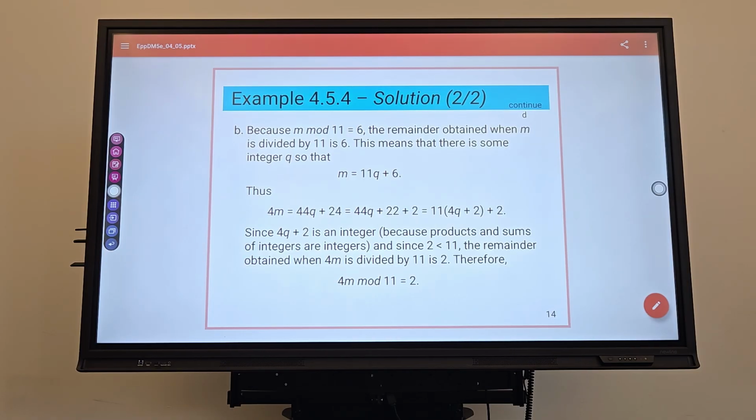Thus 4m equals 44q plus 24, which is 44q plus 22 plus 2, which is 11 times (4q plus 2) plus 2. Since 4q plus 2 is an integer, and since 2 is less than 11, the remainder obtained when 4m is divided by 11 is 2. Therefore, 4m mod 11 equals 2.